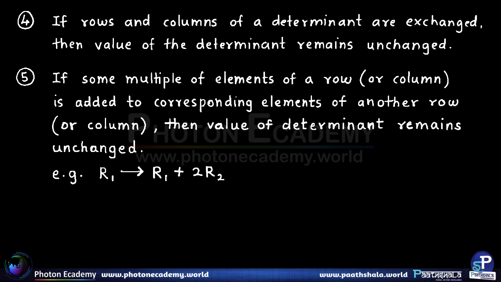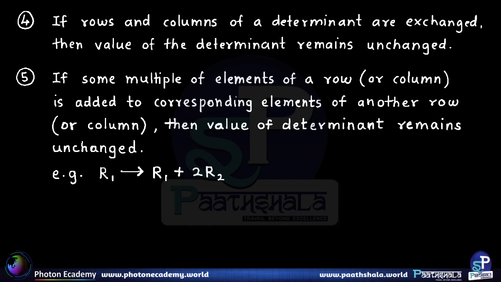That is, even if we write rows as columns and columns as rows and evaluate, we will still get the same value. The next property says if some multiple of elements of a row or a column is added to the corresponding elements of another row or another column, then the value of the determinant still remains unchanged.